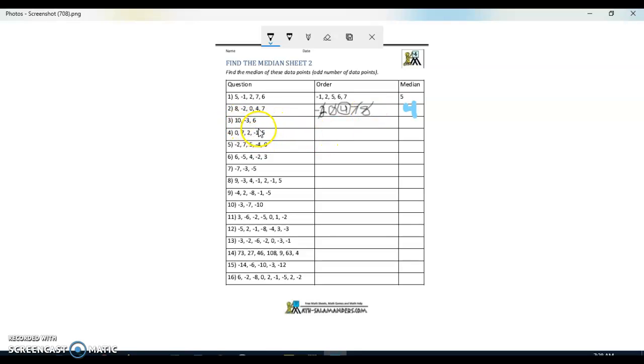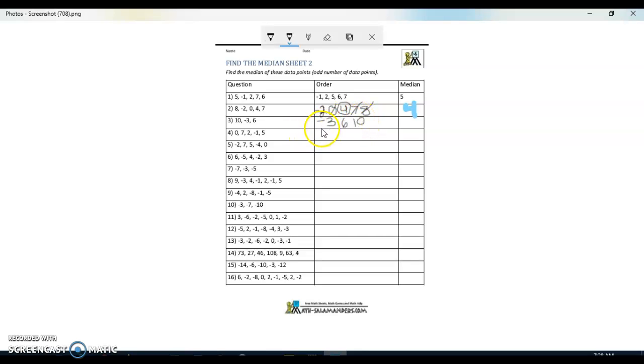Now for our next one, same thing. 10, -3, 6. So we know that our negatives always come first. So here's our -3. This is not going to work. So -3, 6, and 10.